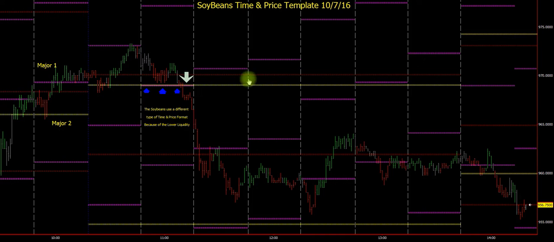Through the course of the rest of the day, we don't have this setup where two lines are laying on top of each other anywhere. We've got this little squeeze here, which gave us a spike lower, and this little squeeze right here. But other than that, down here you would have had a squeeze, but we never got there. Over here you would have had a squeeze, but we never got there either.